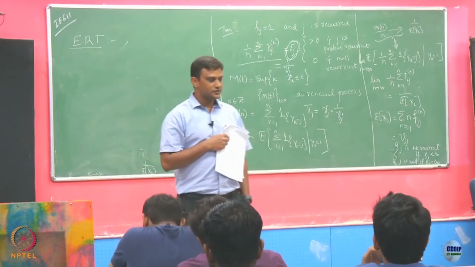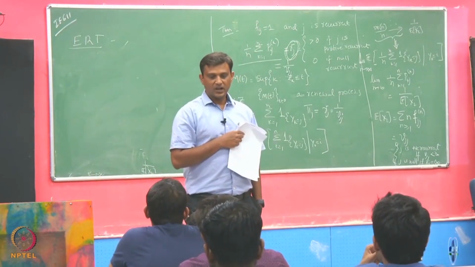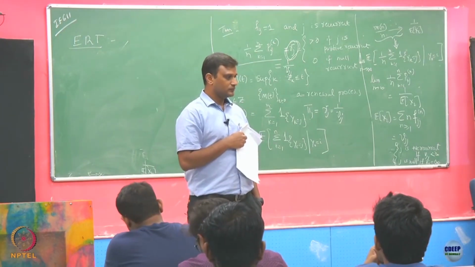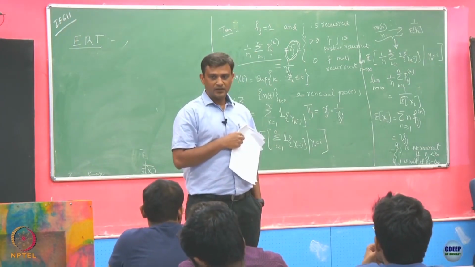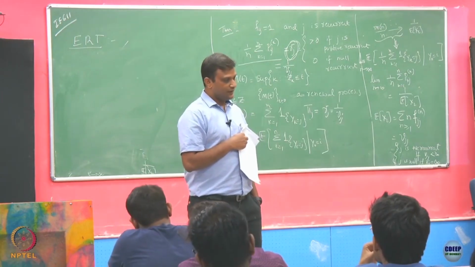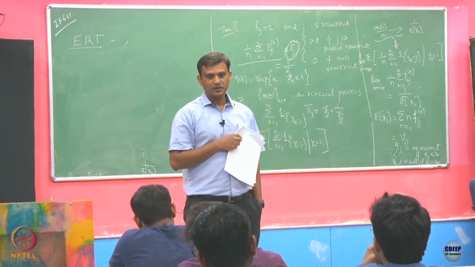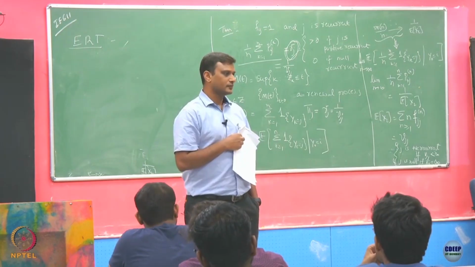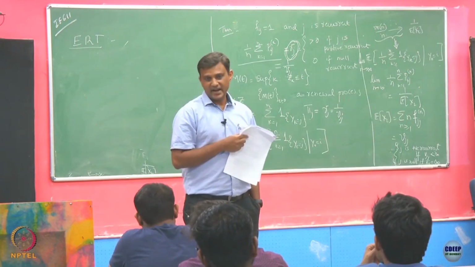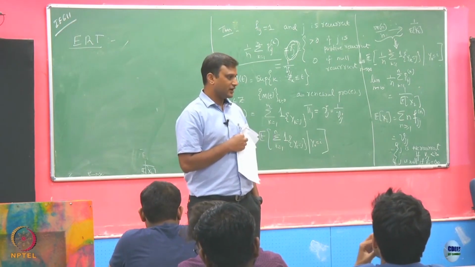Now let us come back to our renewal process. The way we started defining our renewals process is by taking an underlying discrete time Markov chain, right.